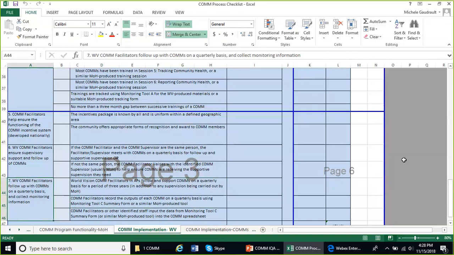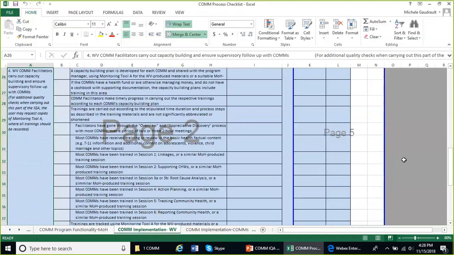Perhaps to say that what is listed here in terms of our World Vision staff responsibilities at AP level, this one here regarding the trainings, we're also tracking through our monitoring system.